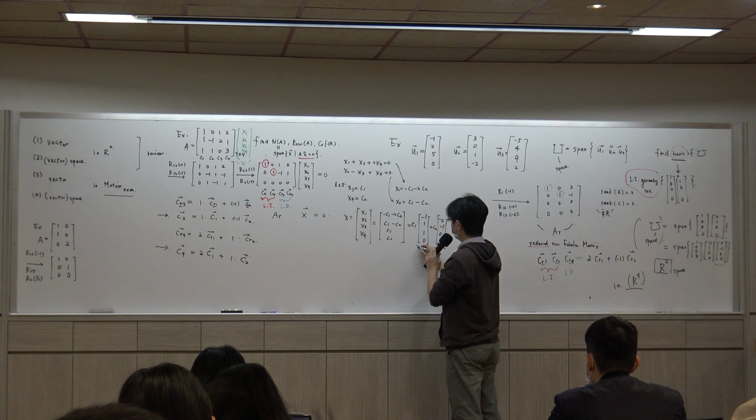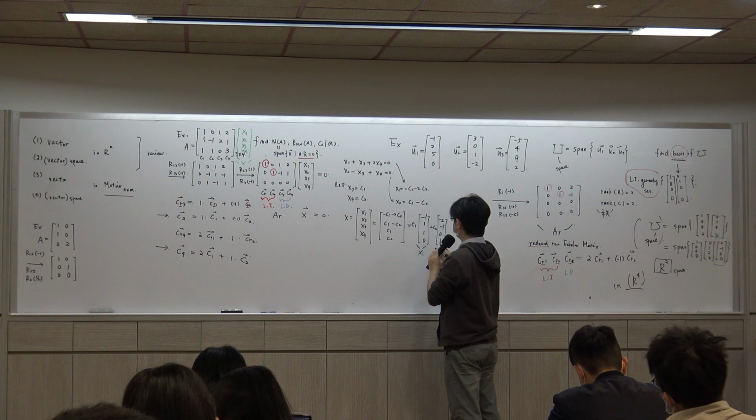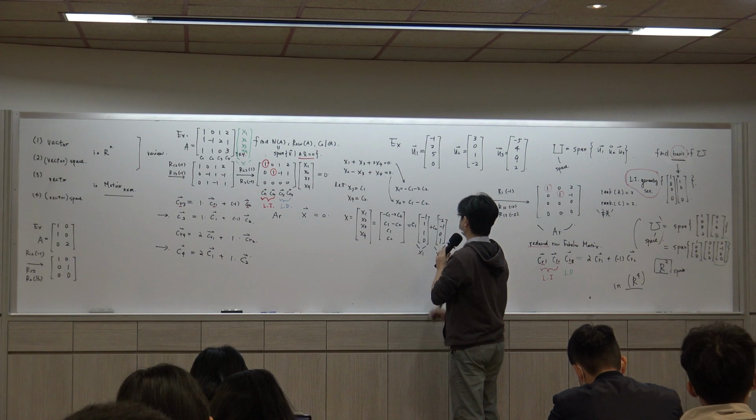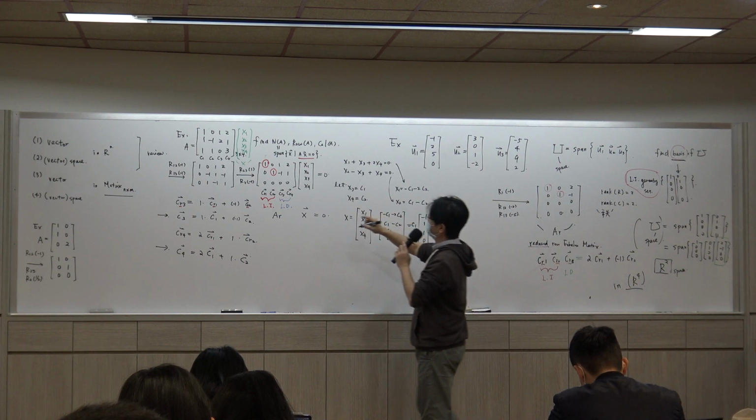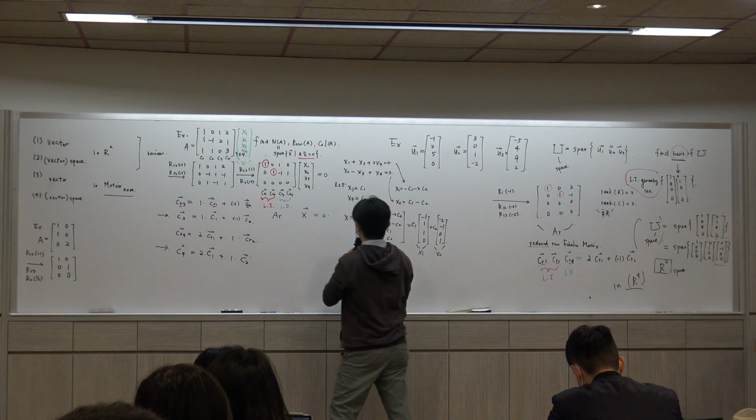Okay, so this one is S1, this is S2, right? So the null space is spanned by these two vectors. And one is the row space.